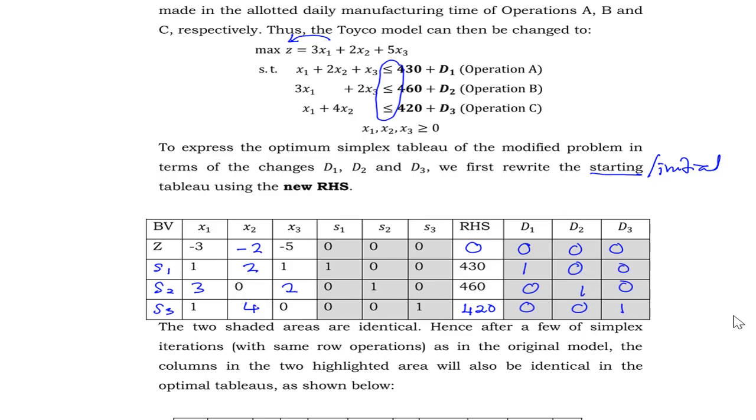As you can see here, the two shaded areas are identical.